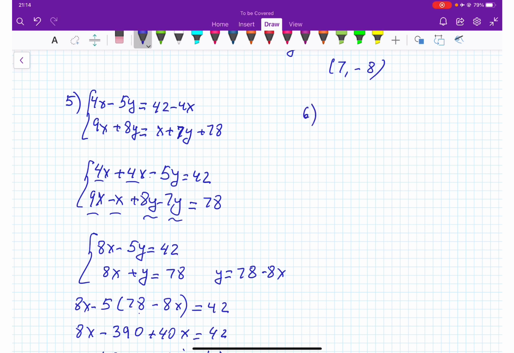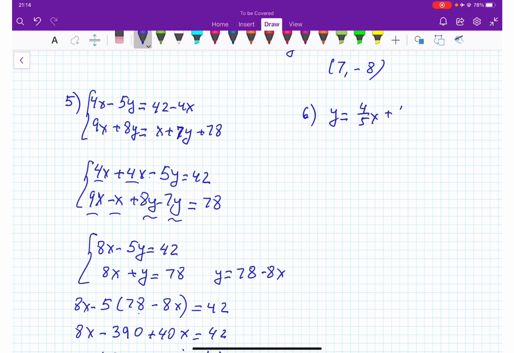Y is equal to 4 over 5x plus 4 over 5, and y is equal to 1/2 x plus 2.